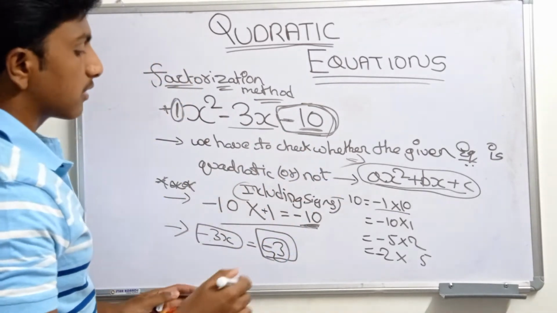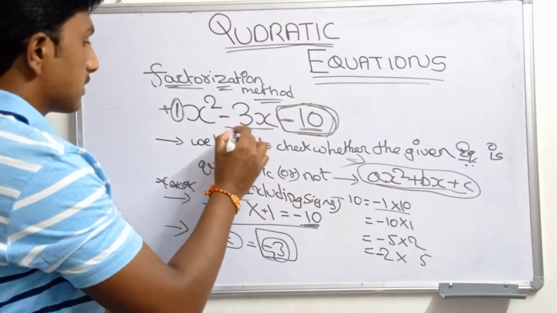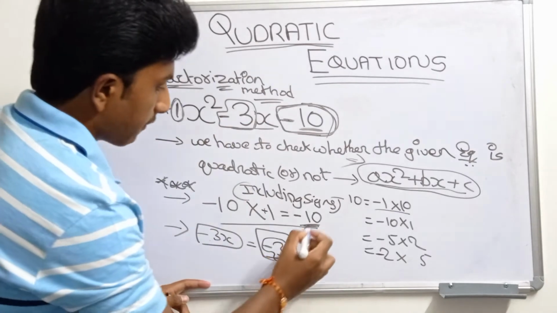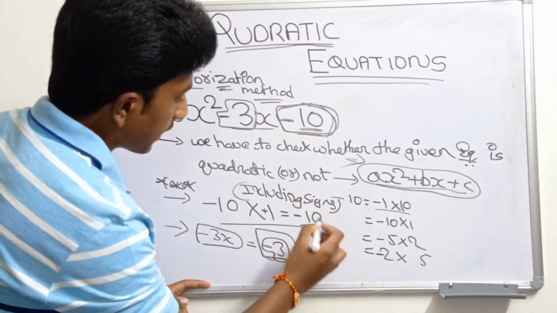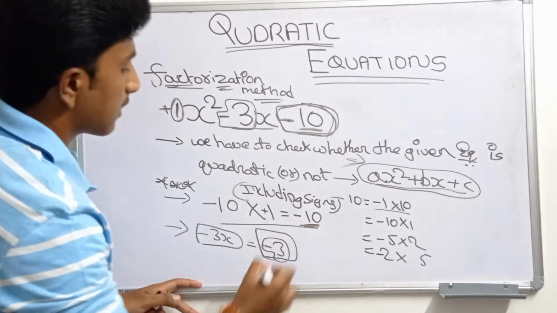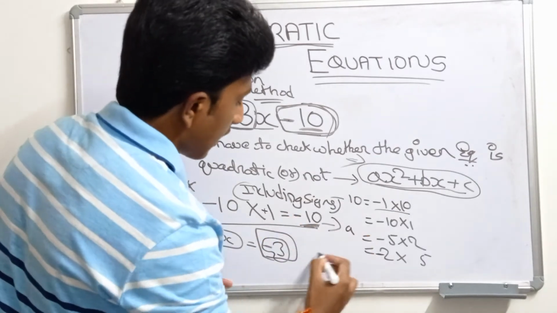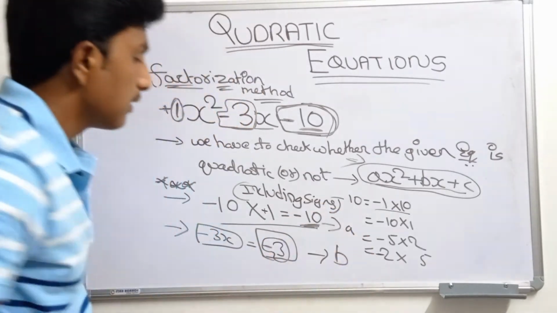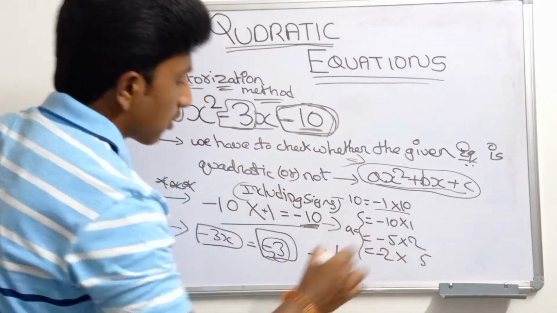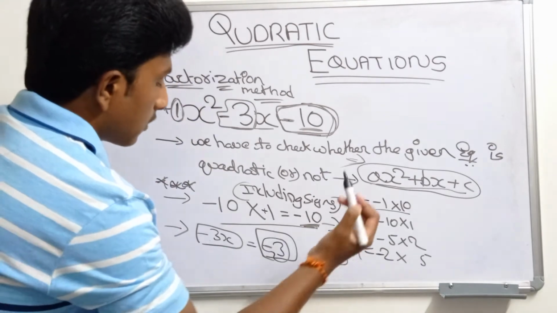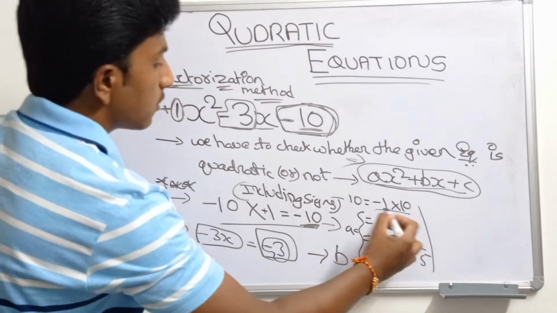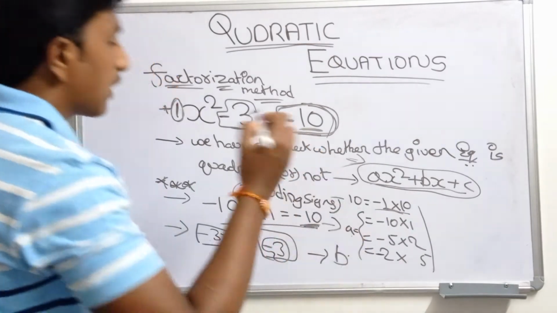And coming to the third one, this is the middle one. You have to take this number, and the factors of this multiplied number should be such that when you add those factors, you should get this number. We'll consider this as A and this as B for time. If these are the factors of A, then to get B, when you add any two of the factors, you should get B, guys.